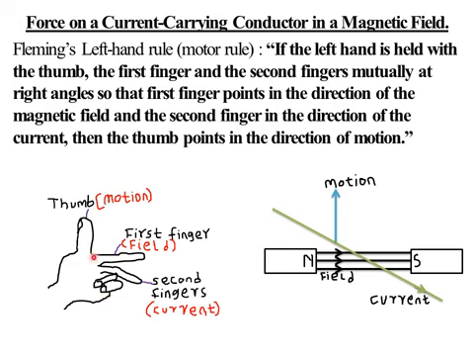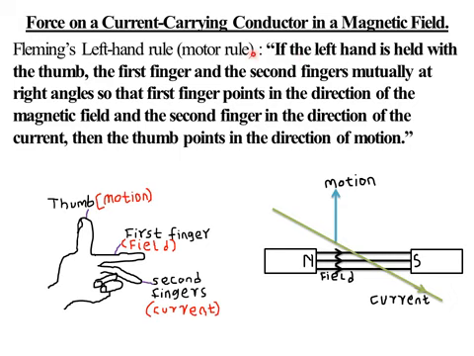You hold them perpendicular because the angle between the thumb, the first finger and the second finger should be 90. That is what we mean by perpendicular or mutually at right angles. Right angle, remember, means 90 degrees.